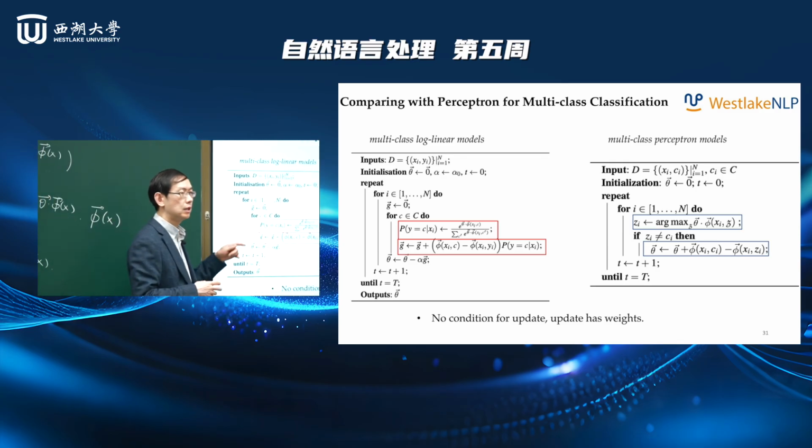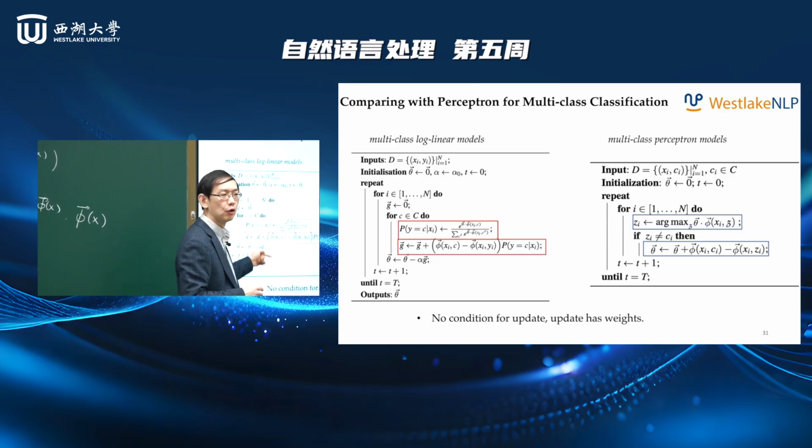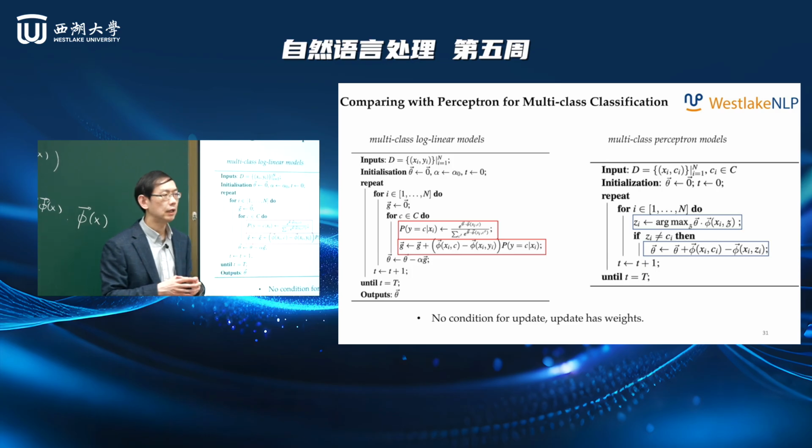update. But log linear model does what? It considers all possible outputs, you know? And for each output, it calculates the probability of this output. Right? And it weighs the update by using the probability to multiply the gold feature phi minus this current output feature phi. Okay?